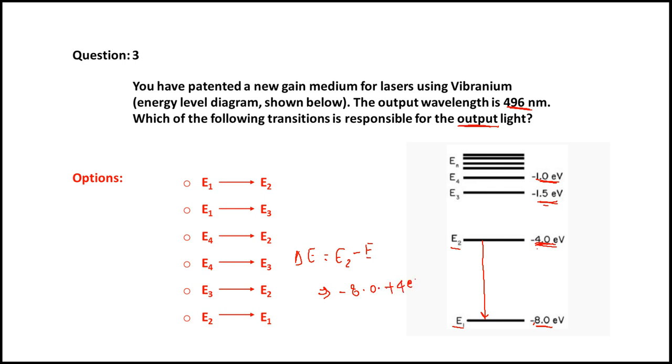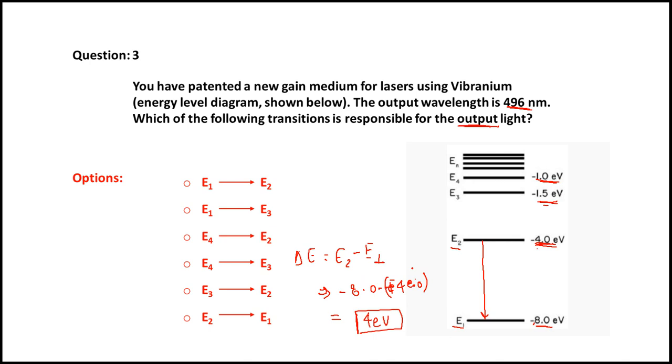And how did this turn out to be plus? Because this was minus and this was minus, it turned out to be plus, and therefore the energy difference would be 4 electron volt. Now the energy difference between E1 and E2 is 4 electron volts.